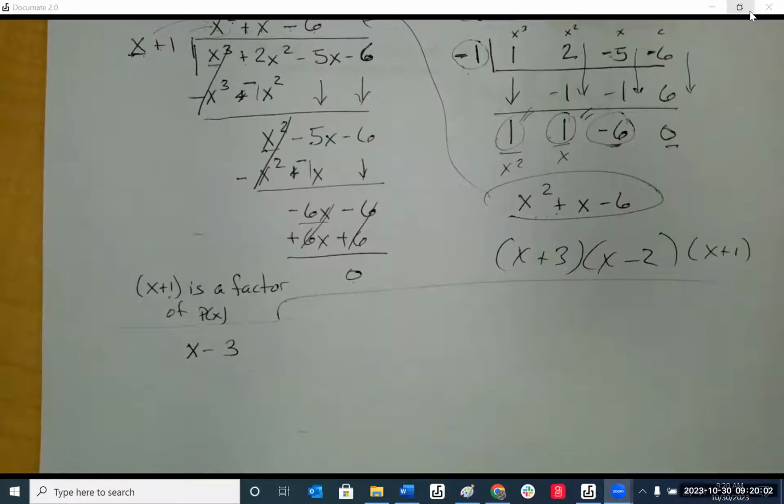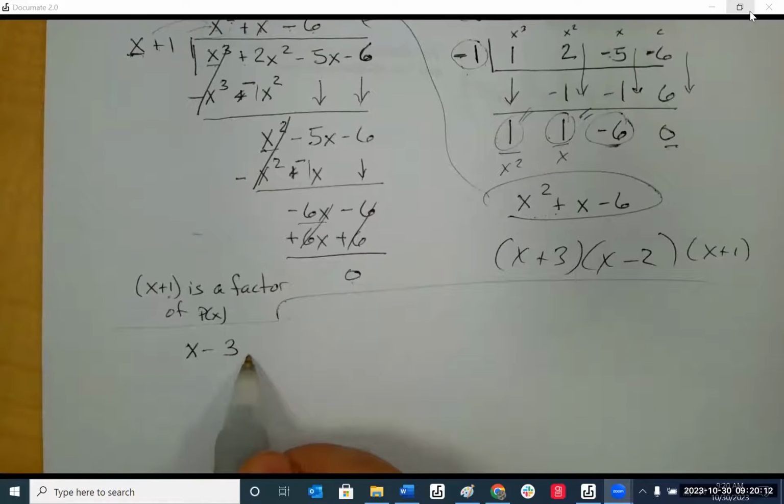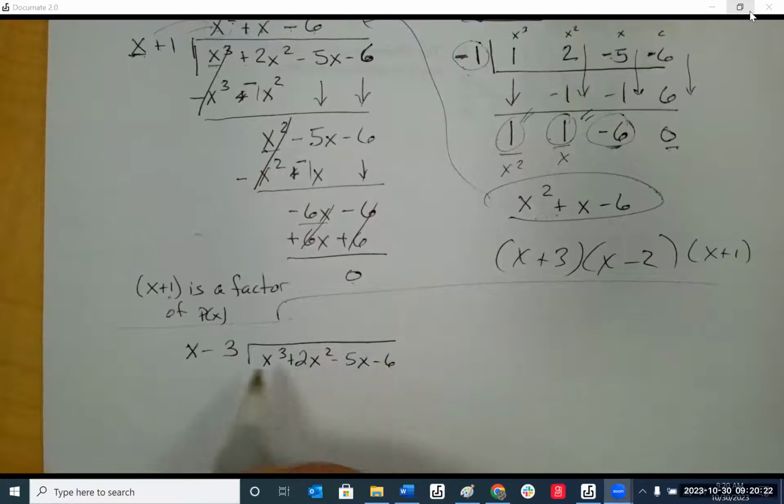Your choice. You want to do long division? Okay. So we have x minus 3 goes into x cubed plus 2x squared minus 5x minus 6.